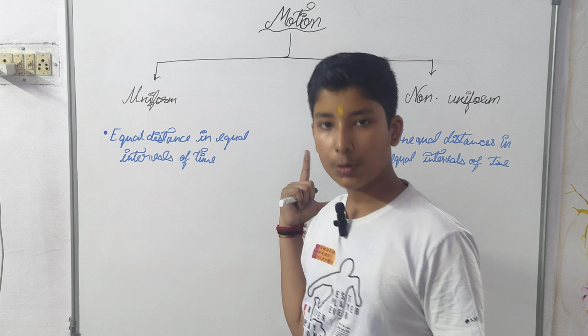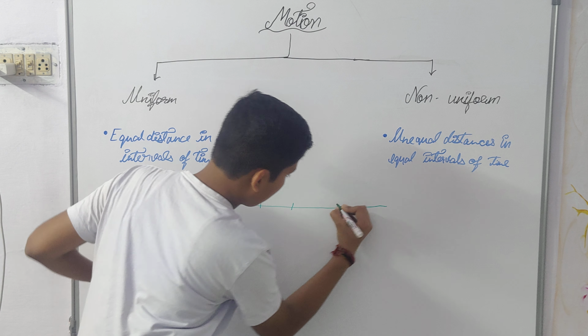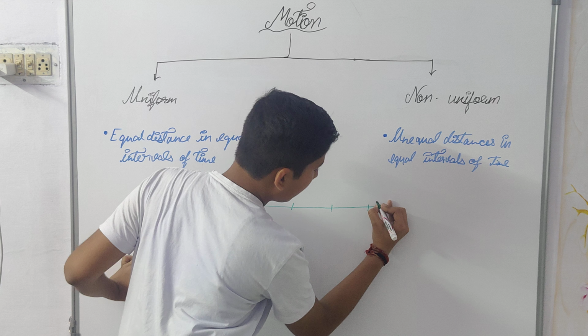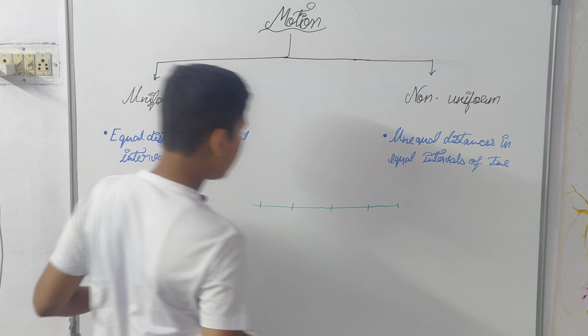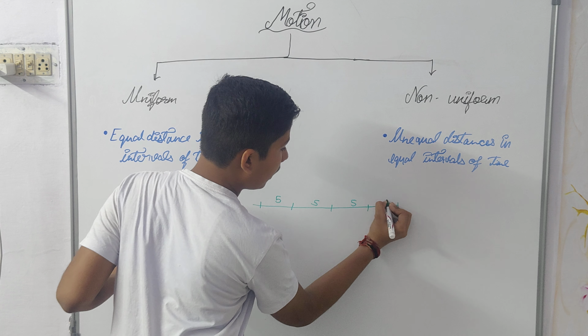So firstly I'll take an example. I'll mark the points in 5 kilometers gap. Okay, 5, 5, 5 and 5.